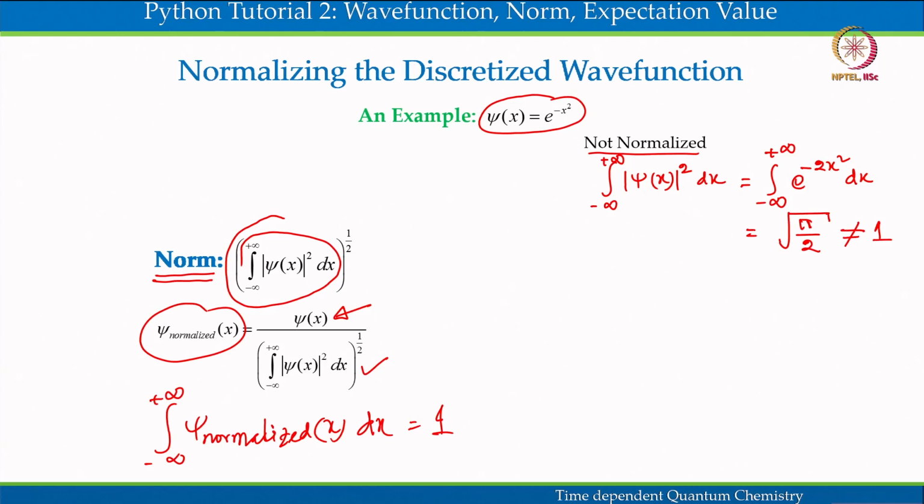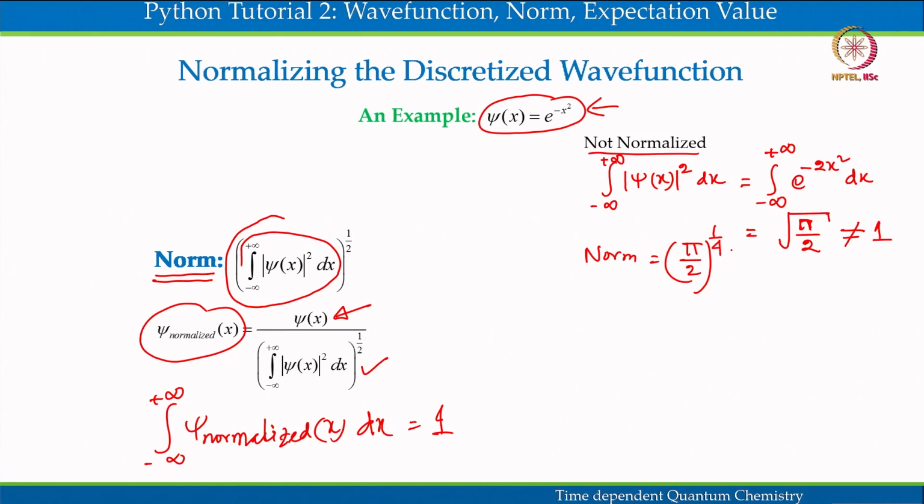So that's the procedure for doing normalization. So let's look at this. For this wave function, we can easily find out the norm. Norm is going to be the square root of this. So I have this pi by 2 already. So norm is going to be pi by 2 to the power 1 by 4.